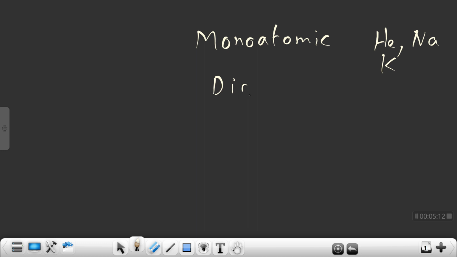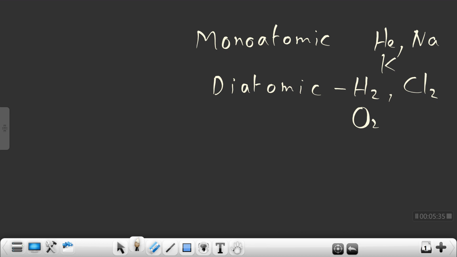Then diatomic means the molecule contain two atoms. Like mostly all gases are diatomic, like hydrogen. See, H2. Its symbol is H, but its formula is H2.